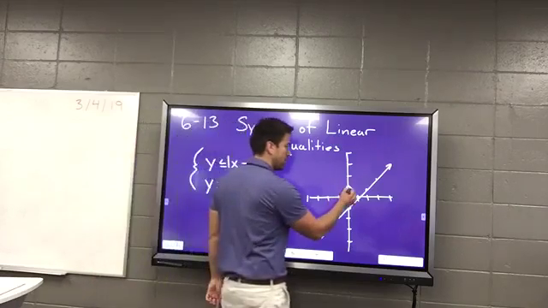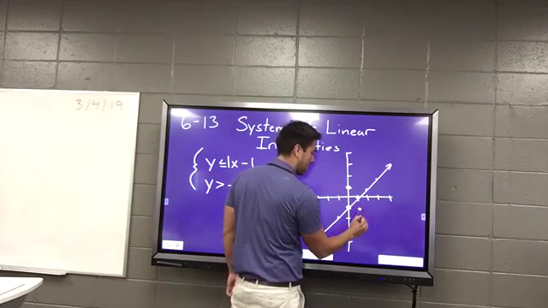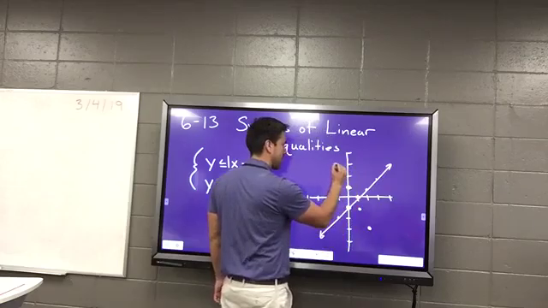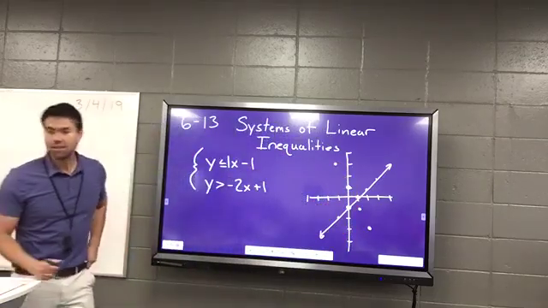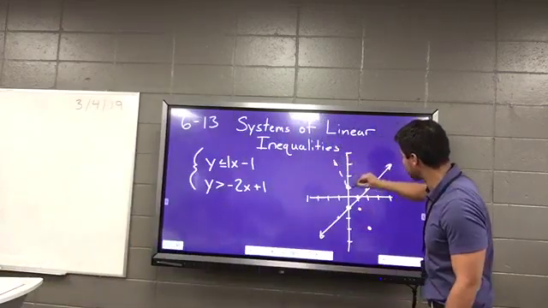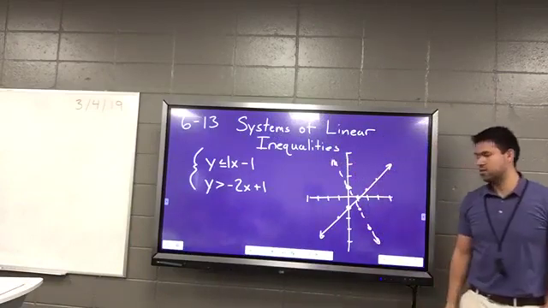So I go down 2 over 1 to the right. I can go down 2 again, 1 to the right. Or I can go up 2 over 1 to the left. What kind of line should connect those, Brad? Dash line, because there's no equal to sign. So there's my dash line.